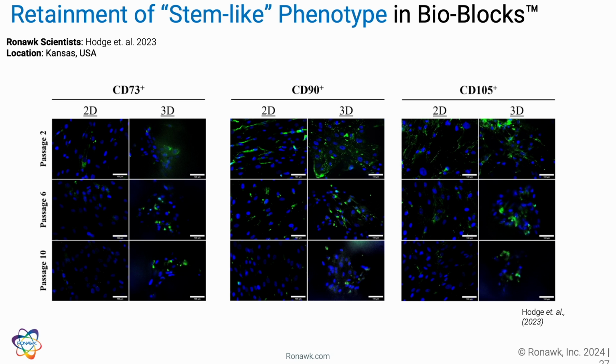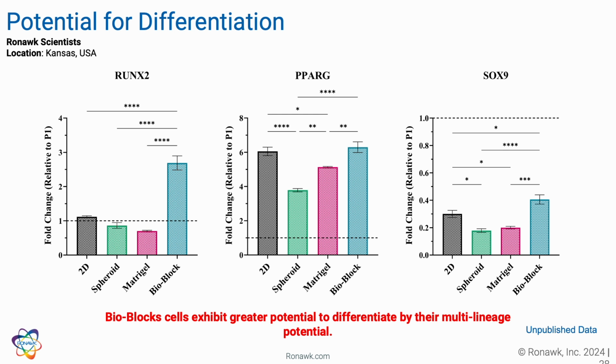He confirmed the data that I'm going to present here with genetic markers for the specific phenotype. And what he saw is that by culturing cells in the bioblock in this 3D format, even after 42 days of continuous culturing, the cells keep their phenotype markers. In this case, it's the stem-like markers.